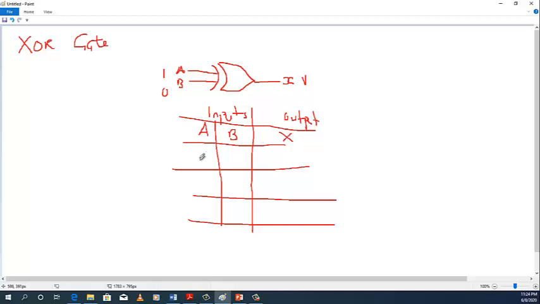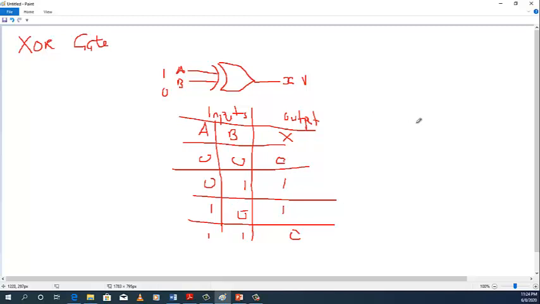If you input a 0 and a 0, you're going to get a 0. If you input a 0 and a 1, you're going to get a 1. Input a 1 and a 0, you're going to get a 1. What other outcome is missing? Yes, the 1, 1. If you input a 1 and a 1, you're going to get a 0. So this is the truth table of an XOR gate.